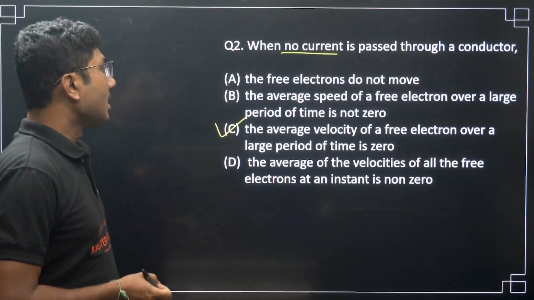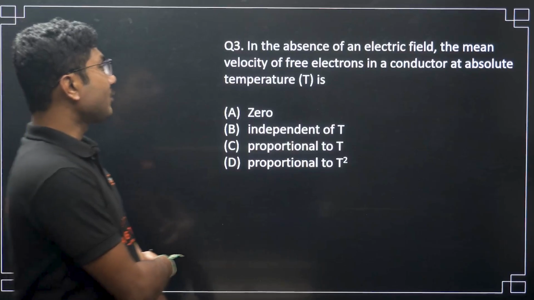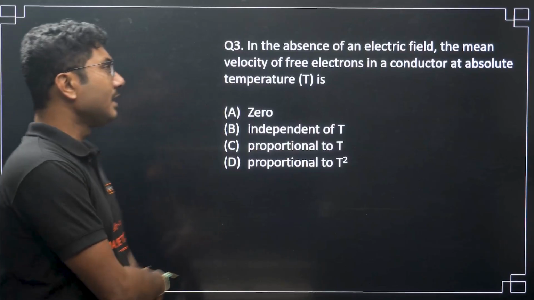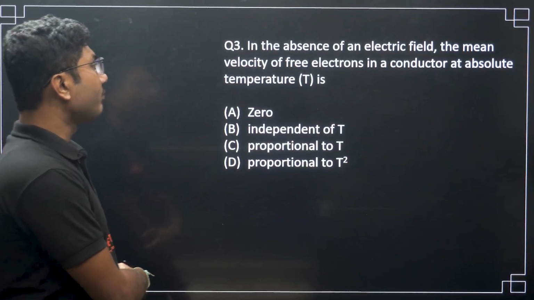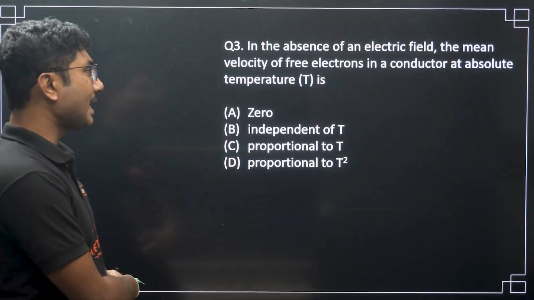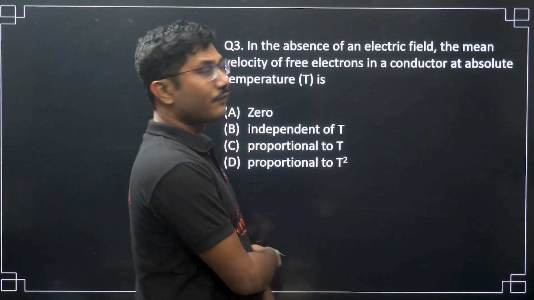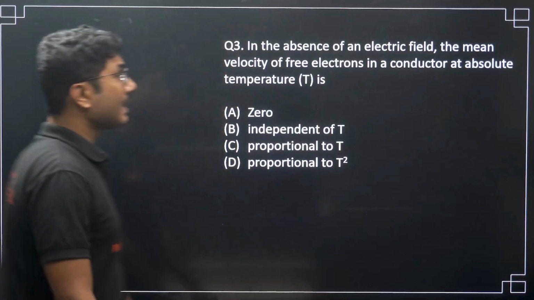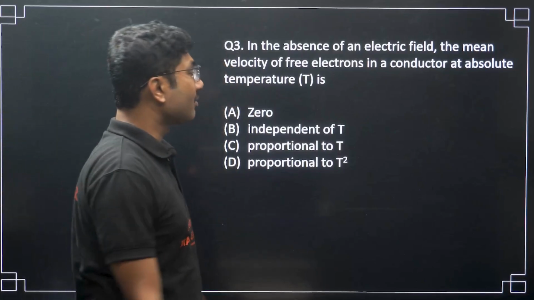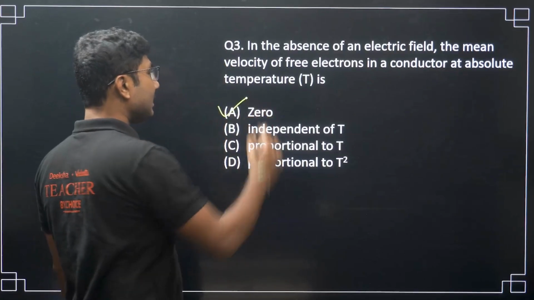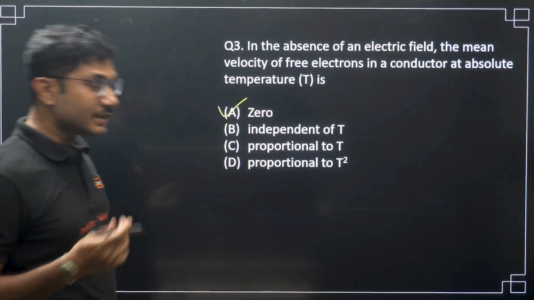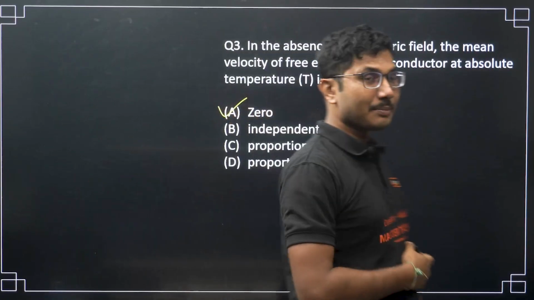Now next, in the absence of an electric field, the mean velocity of free electrons in a conductor at an absolute temperature T is. So in the absence of electric field, the mean velocity of free electrons, again it will be 0, no matter whatever the temperature is.